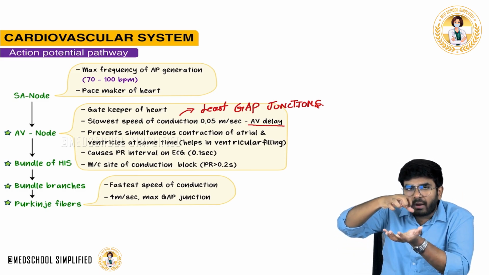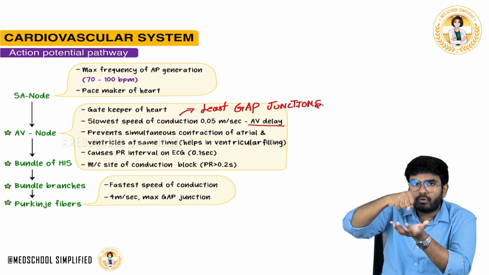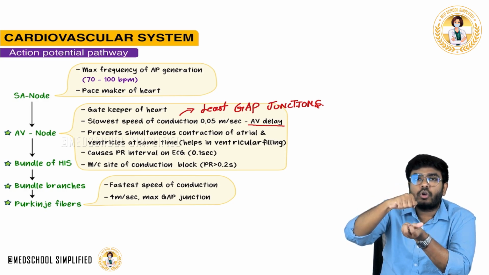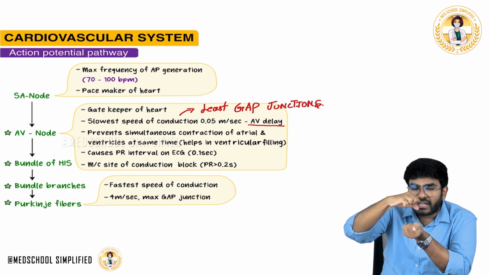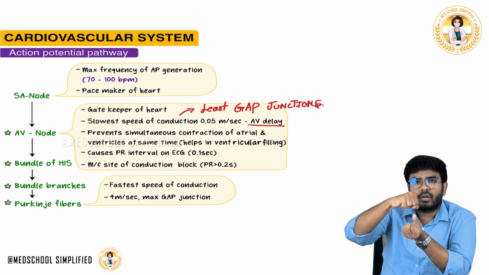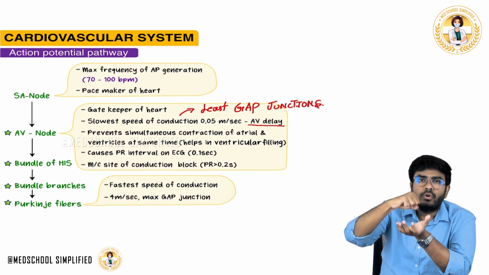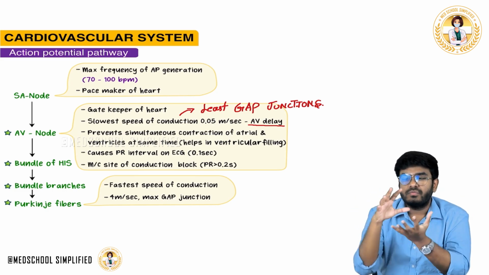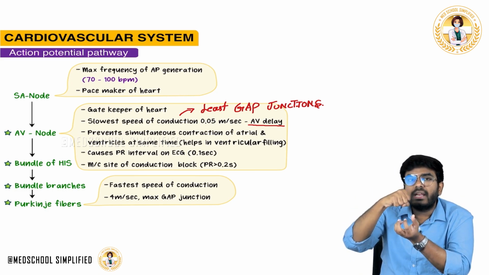First, the atria have to contract and pump the blood into the ventricles. Then the ventricles should contract. First atrial contraction, then only ventricular contraction.